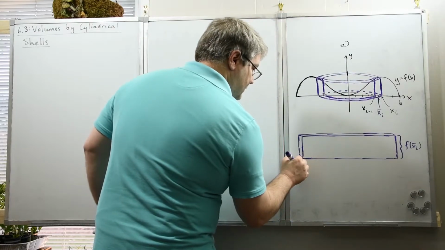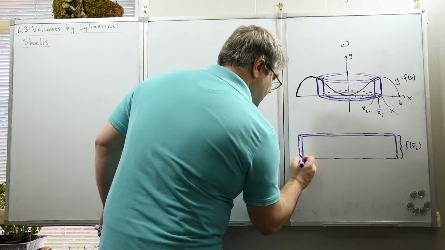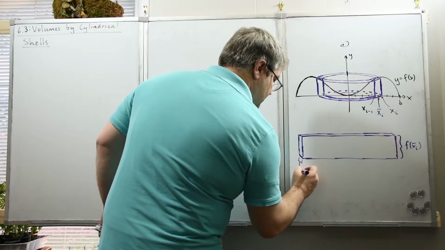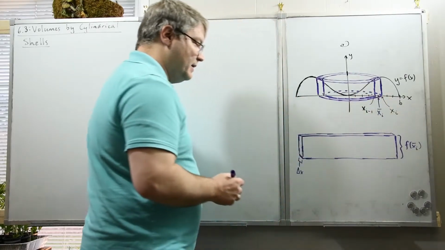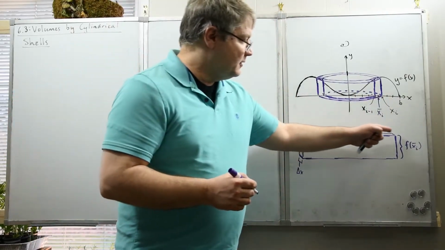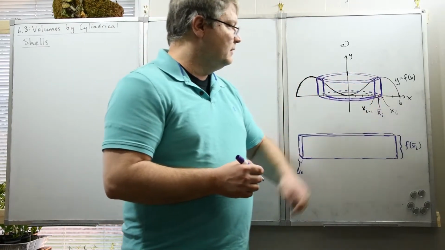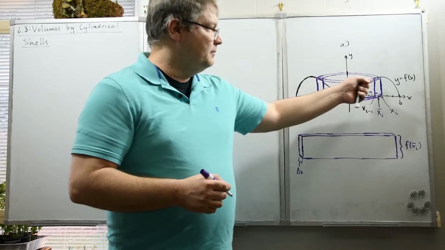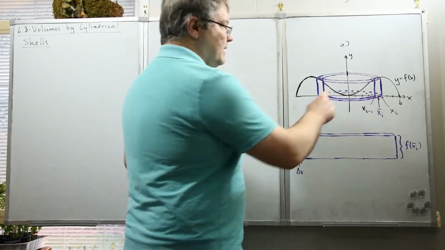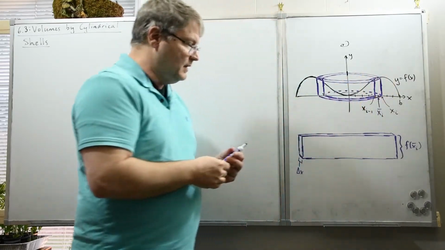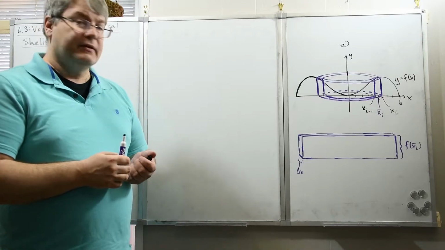That thickness is going to be given to us by delta x, the width of our subinterval. But the distance across here is going to be the same as the circumference of basically the average of the two radii, inner radius and the outer radius of the cylinder. Well, that's where our xi bar comes in.